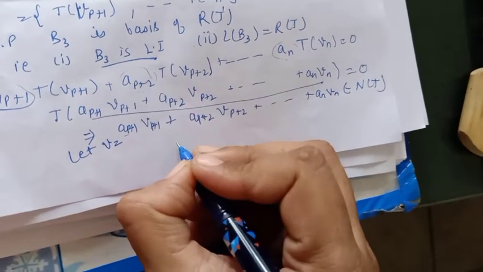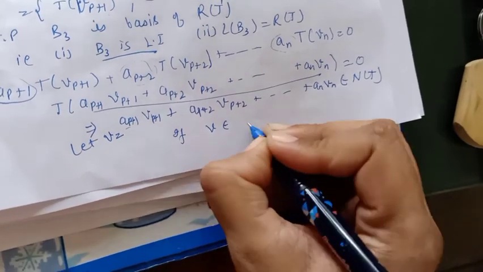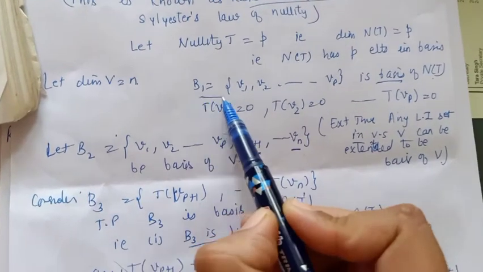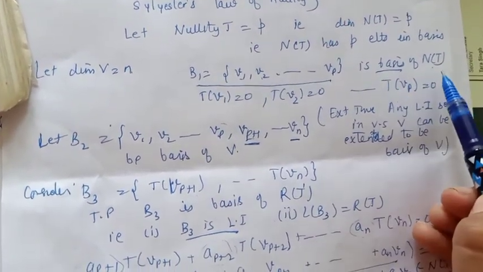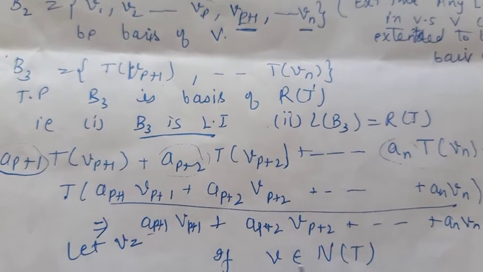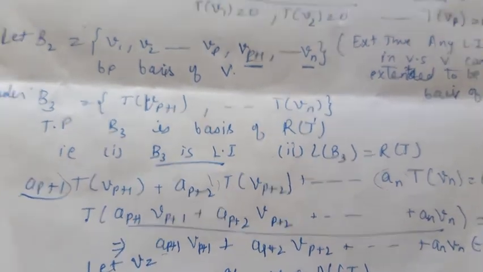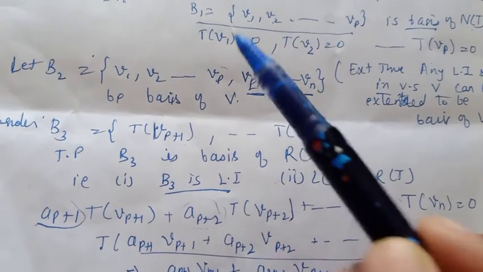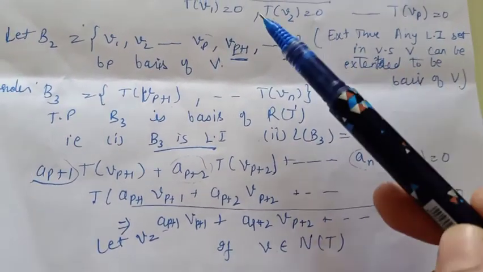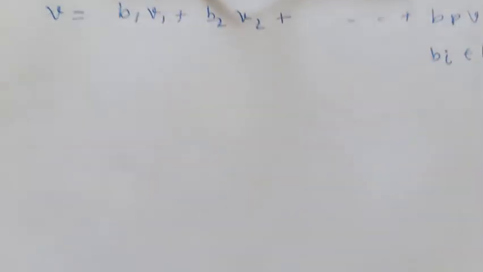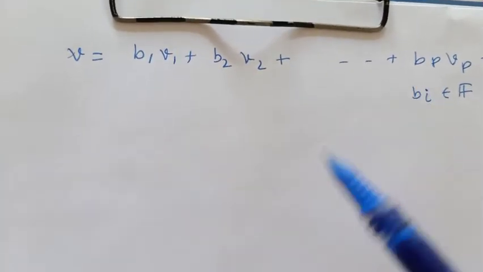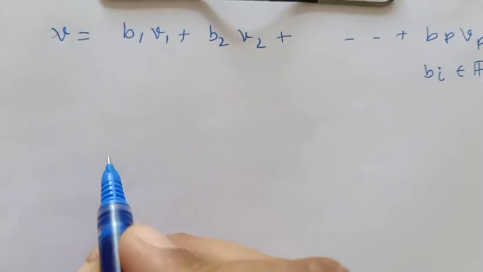If v belongs to the null space of T, then v can be written as a linear combination of elements of B1, because B1 is a basis of the null space of T. So this v can be written as a linear combination of these elements, and we write it as b1 v1 plus b2 v2 up to bp vp, where the bi's are elements from the field.